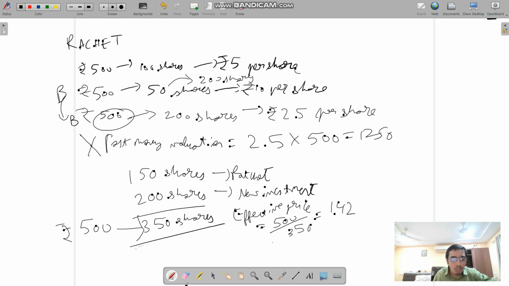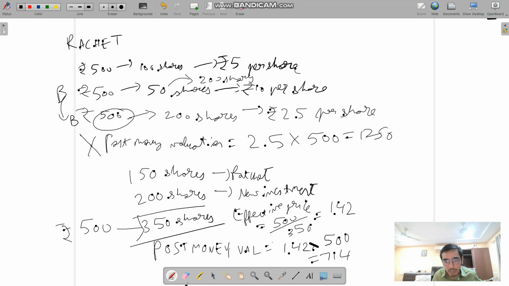Okay. So the post money valuation will be 1.42 into the total number of shares, which is 100 plus 200 plus 200, nothing but 500, which is equal to 714 approximately. So this will be the post money valuation.